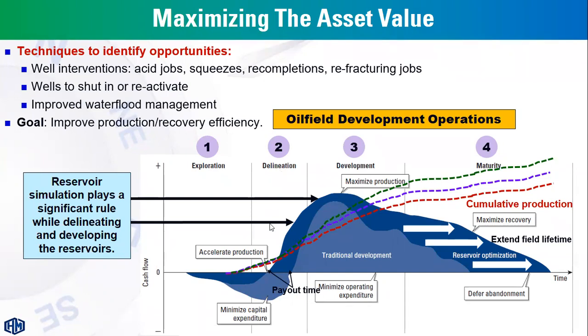Next is the delineation phase. In this phase, we have a successful discovery, and then we have the production build-up, followed by the discovery of successful assets. And the next phase is the development phase.